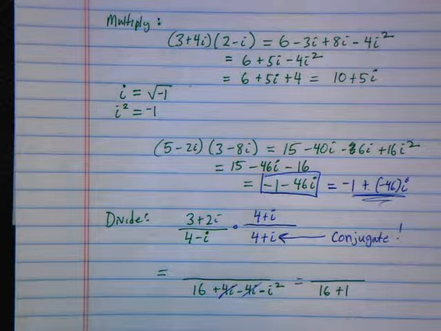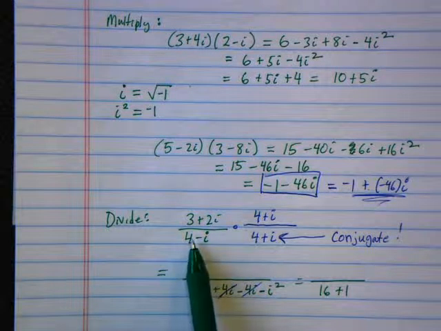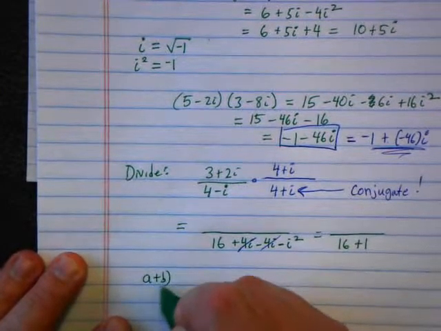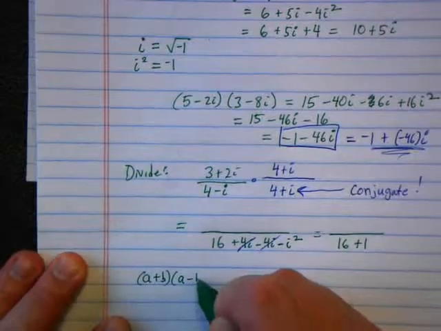So that's the idea behind the conjugate. When you multiply by the conjugate, it's going to get rid of the i's down on the bottom. And that's something you should recognize. What did we use there? Something we've talked about before. What happens when you have a plus b and you multiply by a minus b?